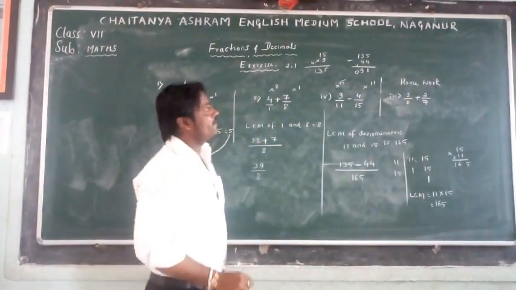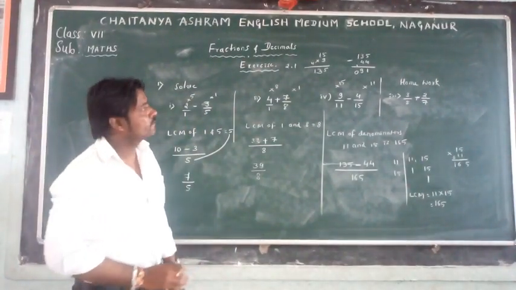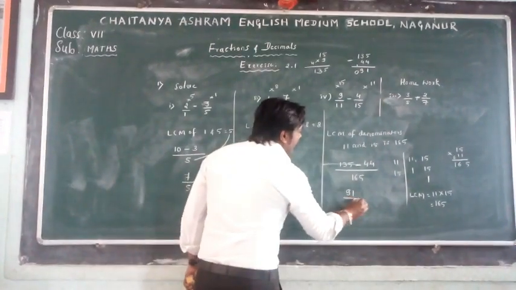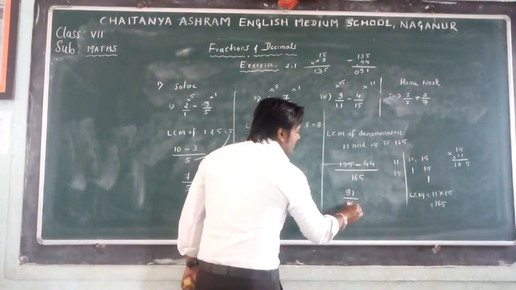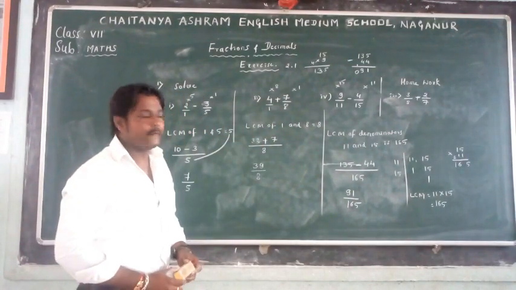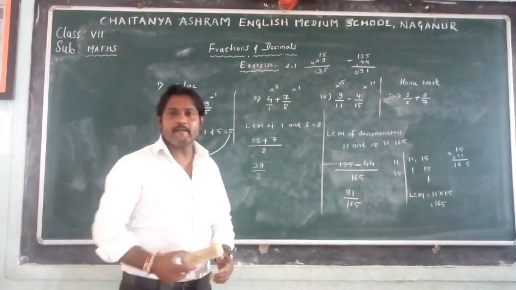So what is the answer there? 91 divided by 165 is the answer. In this way, we add or subtract unlike fractions.